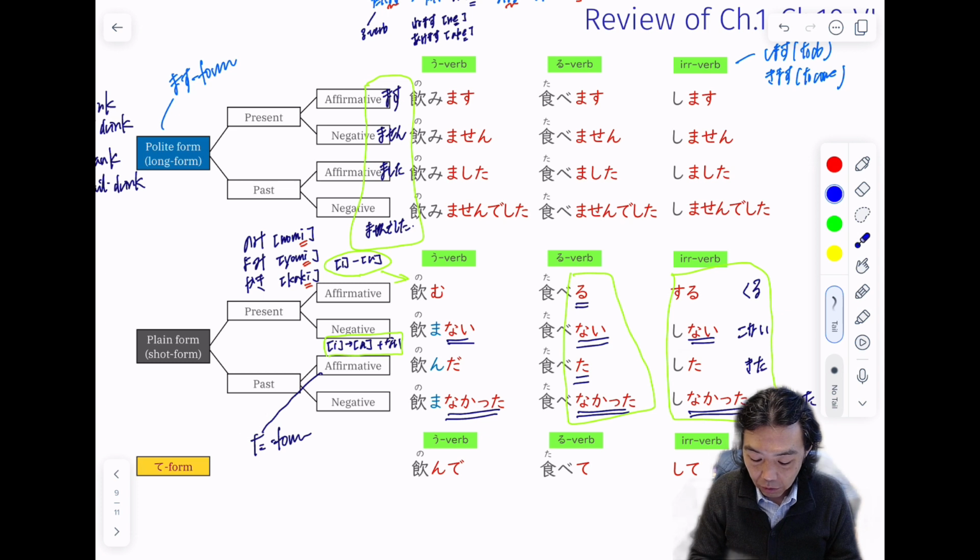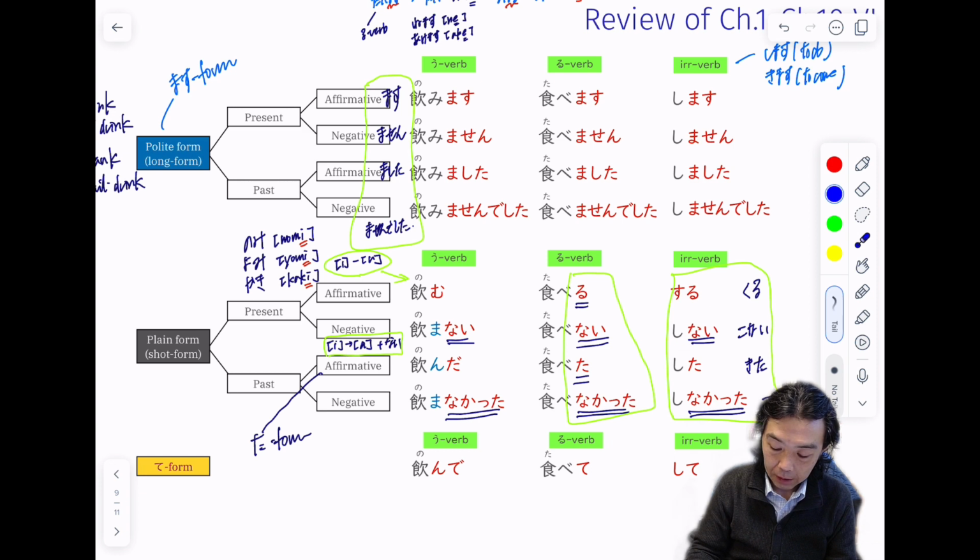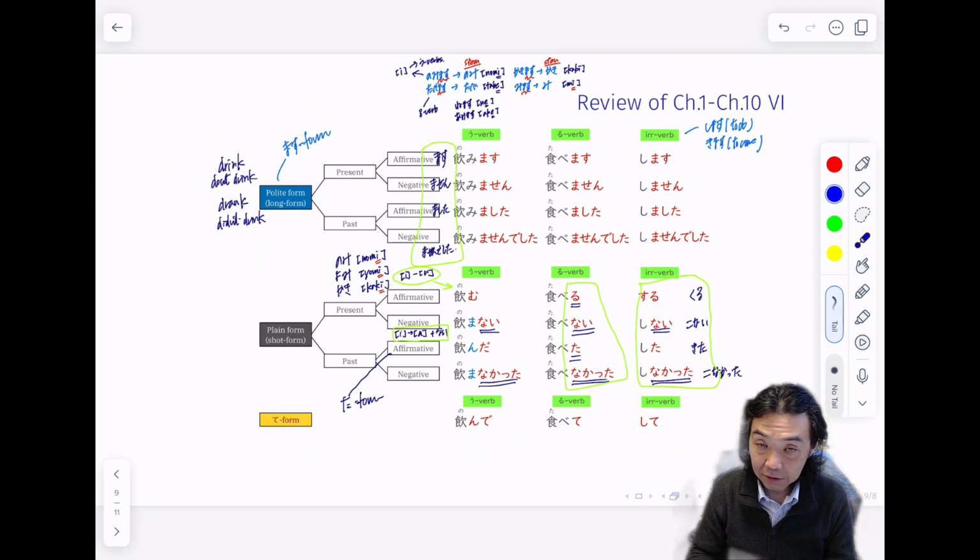So 飲んで becomes 飲んだ, 食べて becomes 食べた, and して becomes した. So if you have a te form, all you have to do for the past affirmative is change te to ta. Okay. So this is a quick summary of the verbs and verb conjugation.